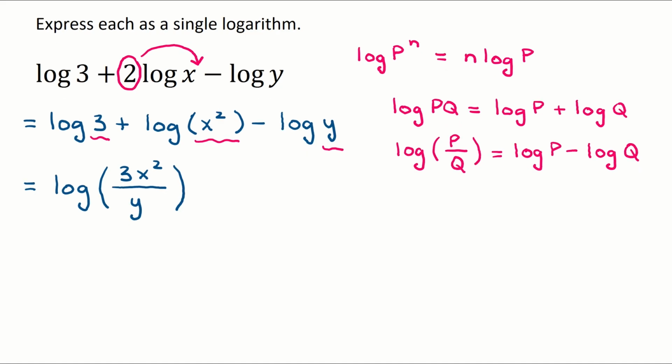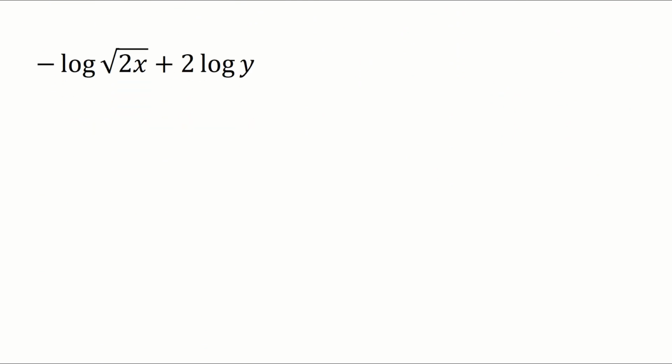Let's look at another example. So in this case, we have negative log square root of 2x plus 2 log y. So again, the first thing we're going to do here is apply the power rule. So we know that log of a number raised to the power of an exponent is equal to the exponent pulled in front multiplied by log of that number.